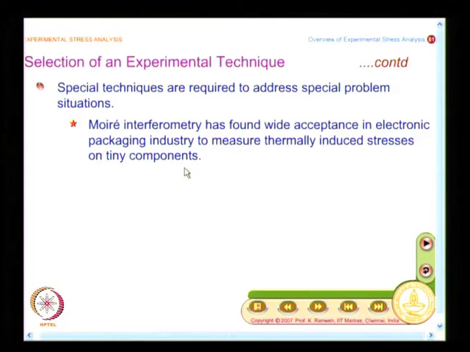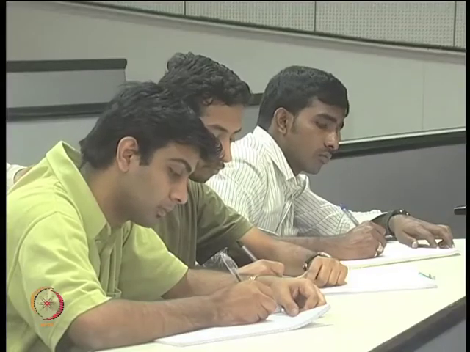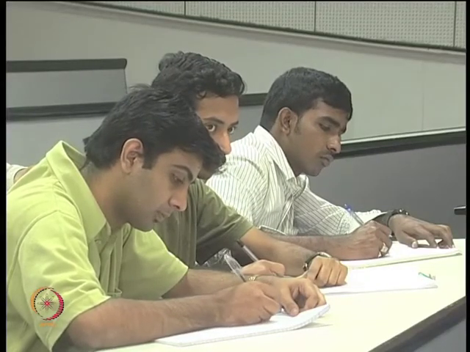In this application, Moiré is ideally suitable mainly because the components are very small. I can't go and paste a strain gauge, and Moiré gives whole field information. Researchers have convincingly shown that Moiré is applicable for this class of problems.